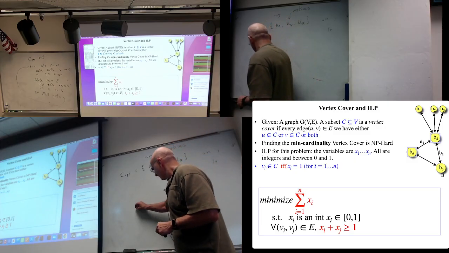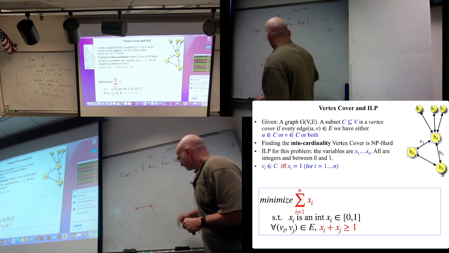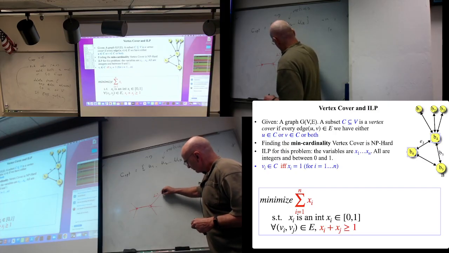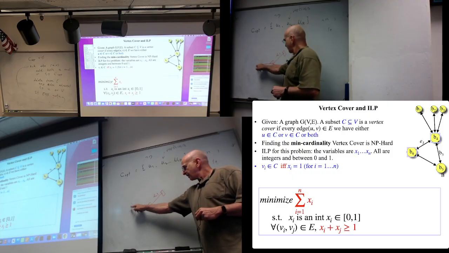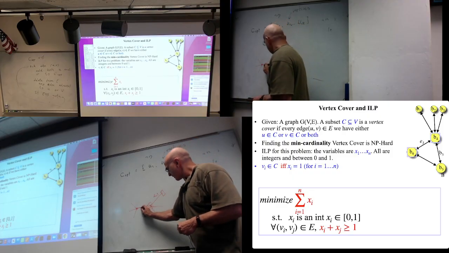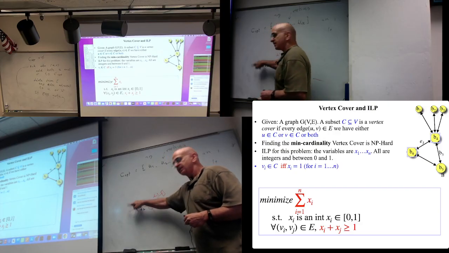Take this graph. If I start from E1, then I'm using these two vertices, getting all these edges, and then I have to waste another one. But if I start from this edge, E2, and start from these two vertices, then I'm done.